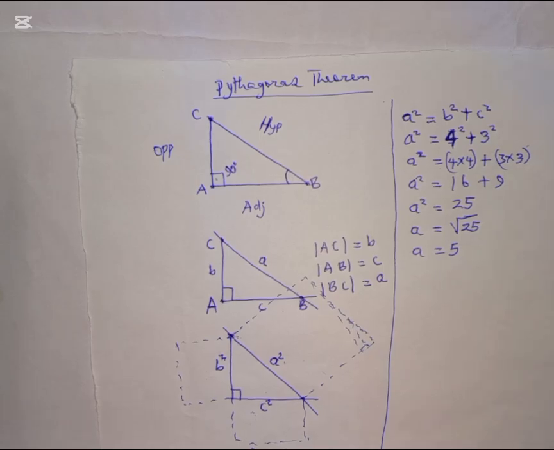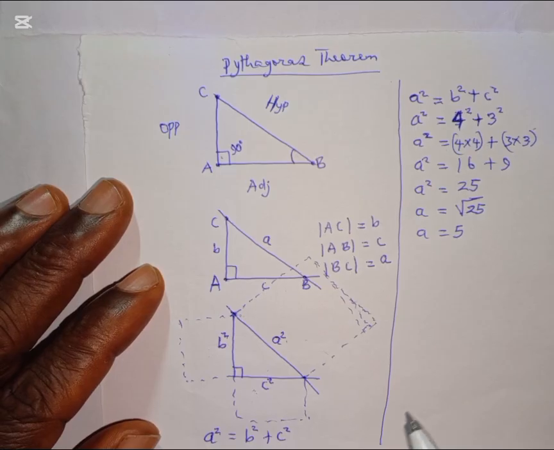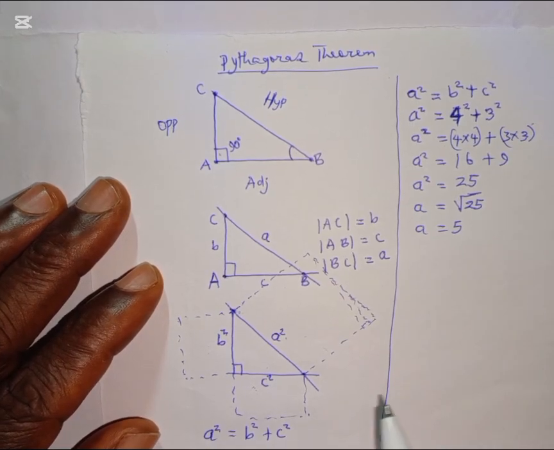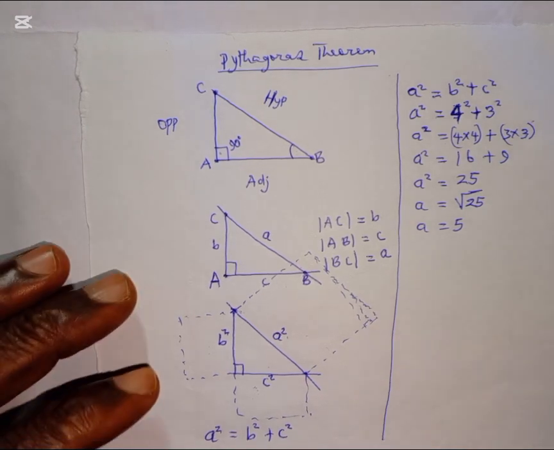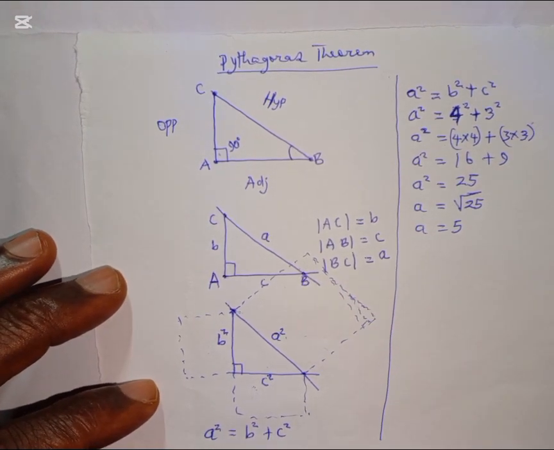More videos will be done on how to find distances in the future. We have a video also on coordinates, finding points of coordinates. You should check on that video. It will also help you to find distances as well, how to find points and position.